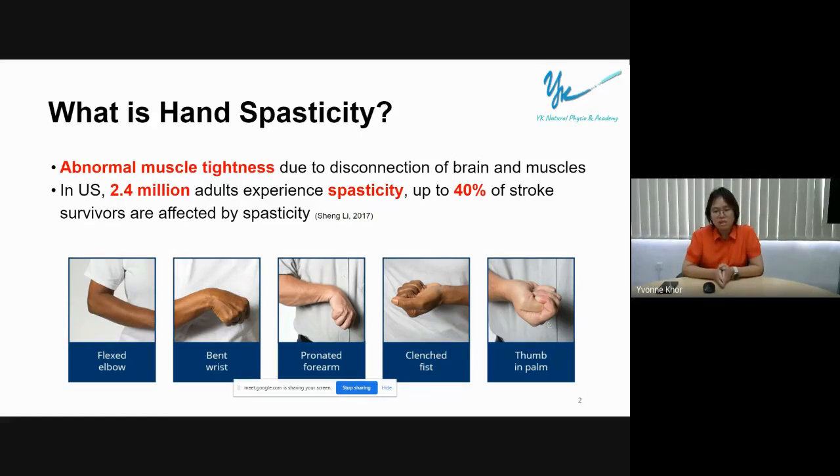You can see the 5 pictures below. First, the elbow is in flexed position, the wrist is in bent position, the forearm is pronated, the hand is in clenched position, and the thumb is in palm position. The 5 pictures below show those hand spasticity patterns.